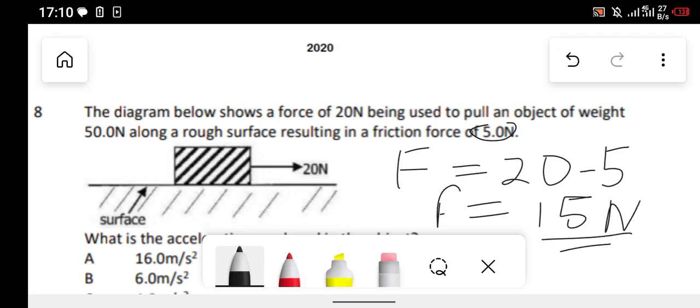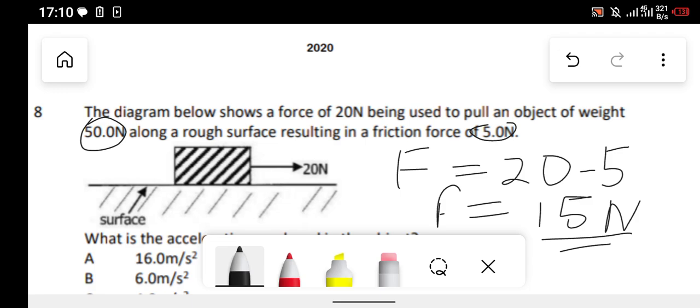The next thing we need to find is our mass. So how do we convert weight into mass? You simply divide the weight by 10. That's how you get your mass. So here, looking at the question given to us, we have 50.0 newtons. That is the weight, right?